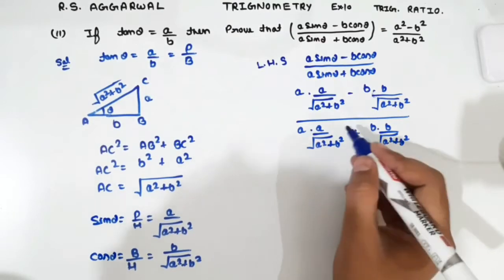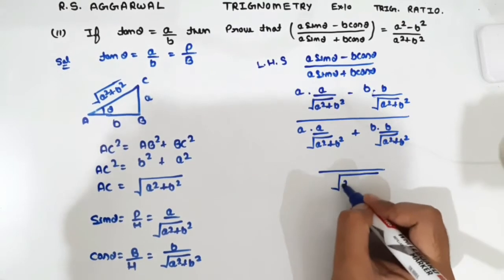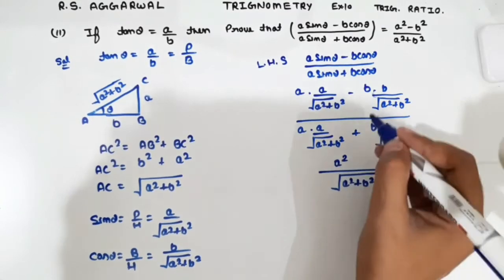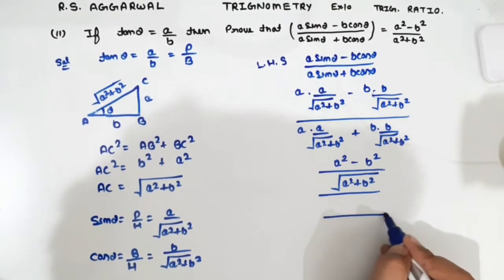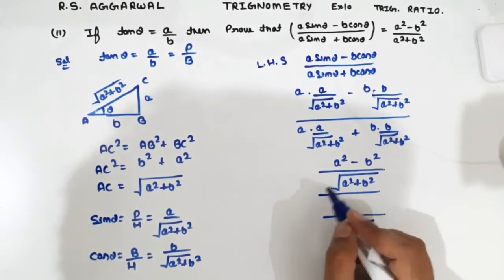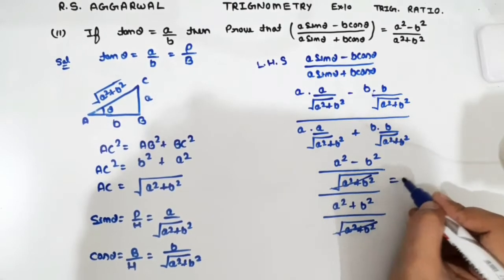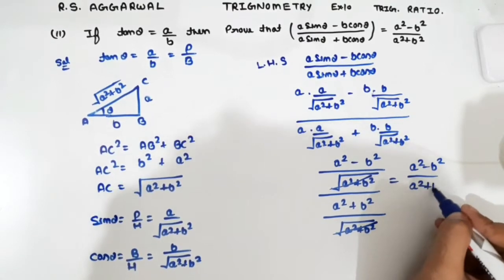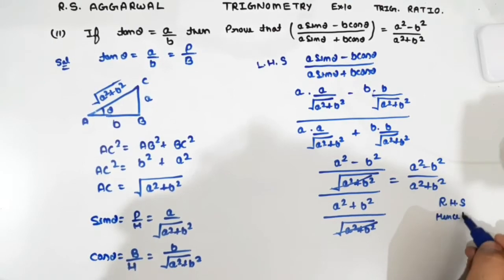So from here under root a square plus b square will be LCM. So a into a will be a square and b into b will be b square upon, here under root a square plus b square will be LCM. A into a will be a square plus b square. This will be cancelled out. So from here a square minus b square upon a square plus b square, that is equal to the right hand side. Hence proved.